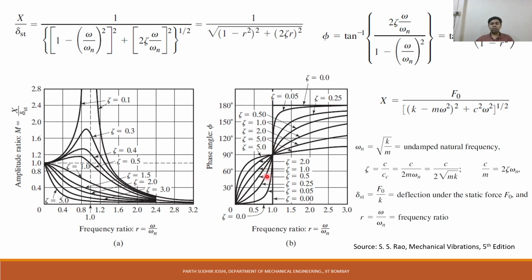Near the resonant frequency, basically where frequency ratio is 1, in the vicinity of that, the variations of the phase angle become more and more drastic. So in the undamped case where zeta is equal to 0, there is a sudden change in phase angle from 0 to 180 degrees.